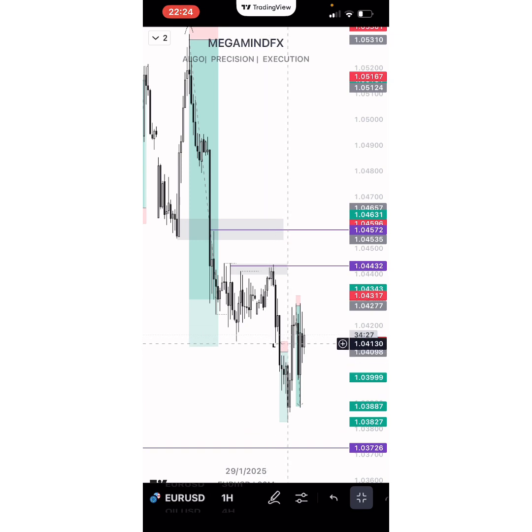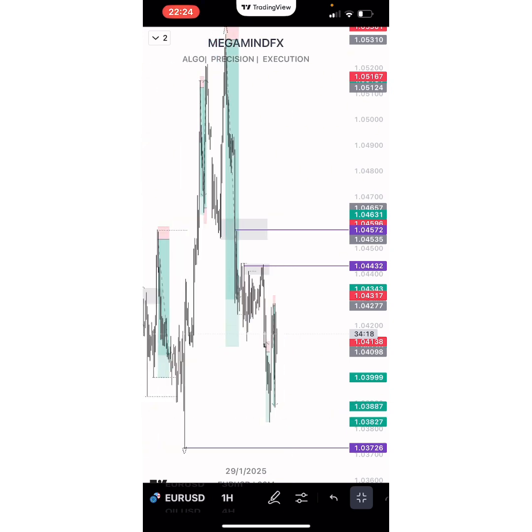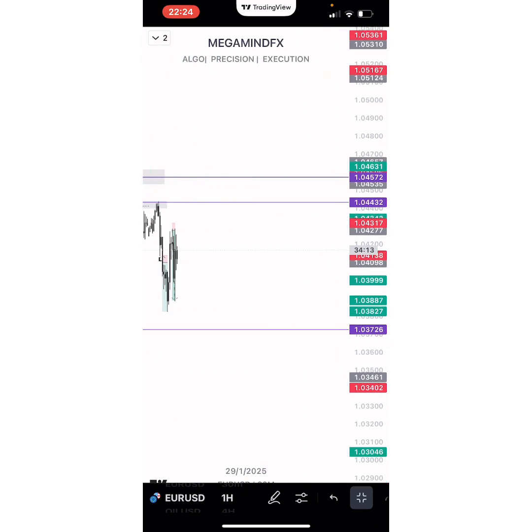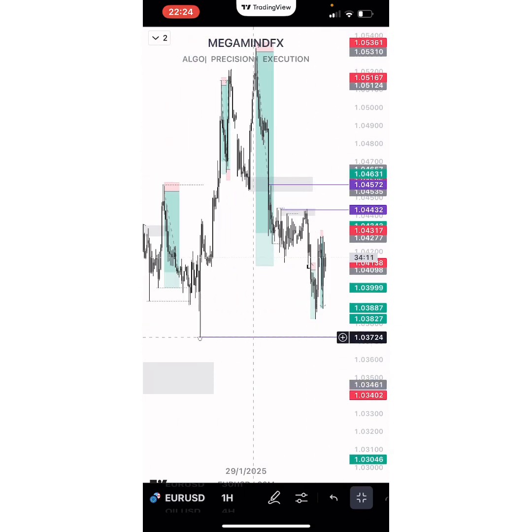Price actually bought a little, and then price broke, and I had to switch my bias from here down to these lows. But we were targeting price to come into this. I told you guys about 50% of the M1 week here. I really didn't know that these areas were that big, and then price mitigated 50% of it and started buying.